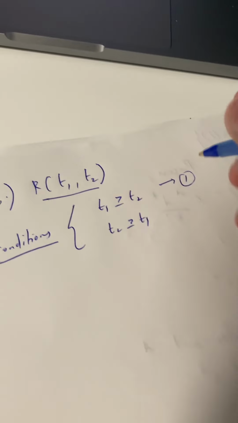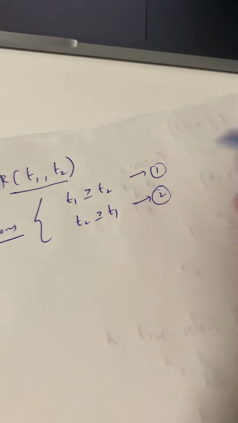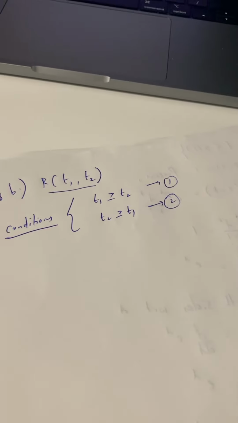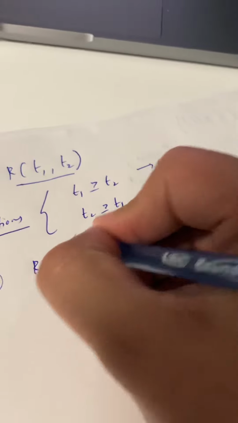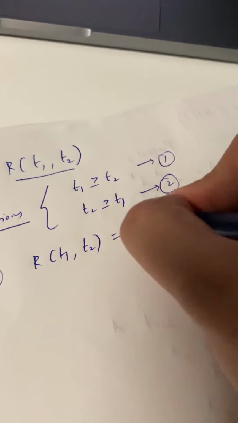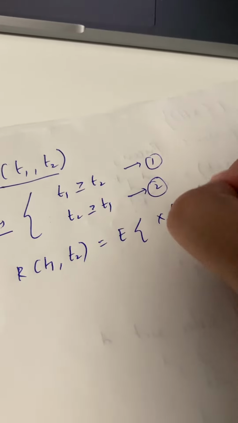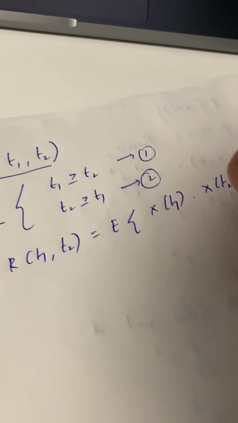Let this be the first condition, and this be the second condition. First, R of T1 comma T2 can be written as E of x of T1 into x of T2. This is known.